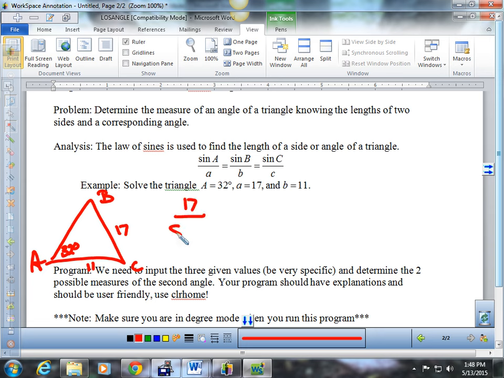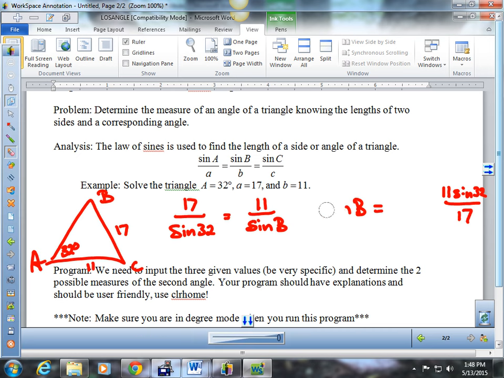17 over sine 32 equals 11 over sine B. So tell me then, please, what is sine B going to be equal to? 11 sine 32 divided by 17. Tell me then, please, what is B going to be equal to?